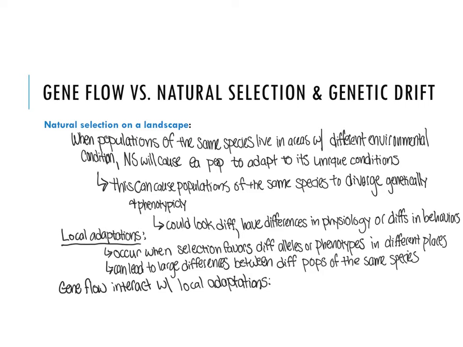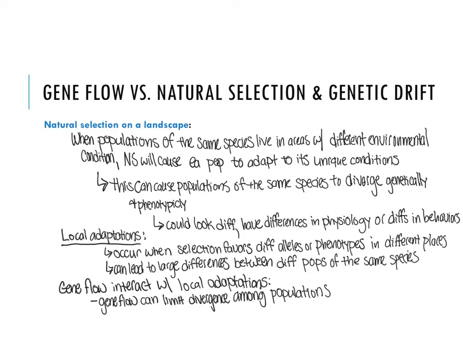Well, for one, and we know this already from the first unit, gene flow can limit divergence among populations. So it's a force keeping them the same.